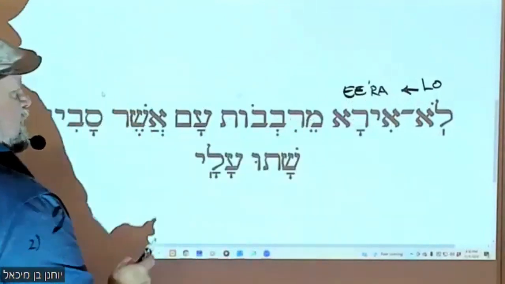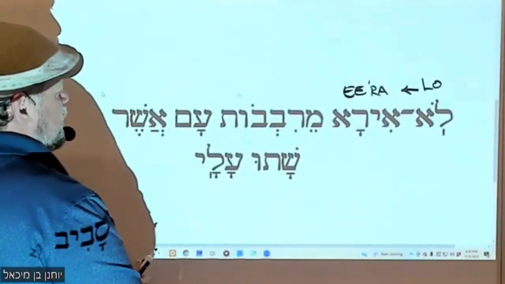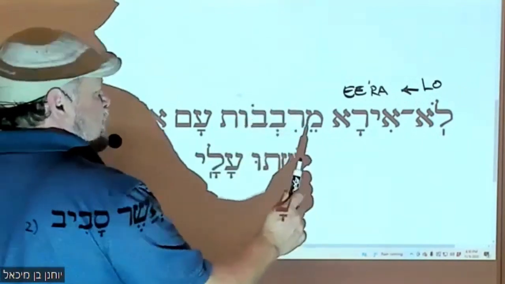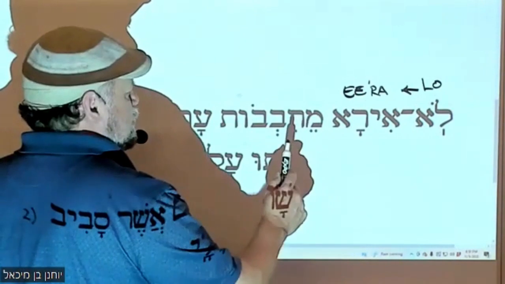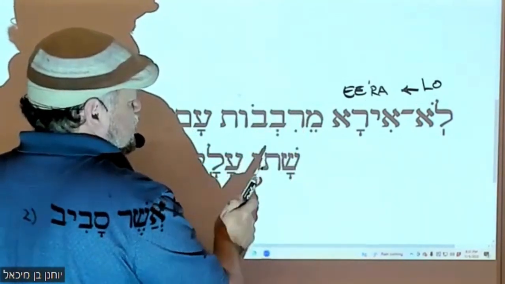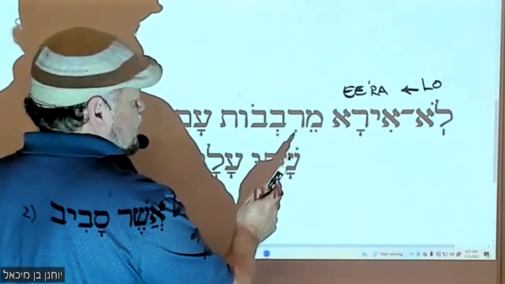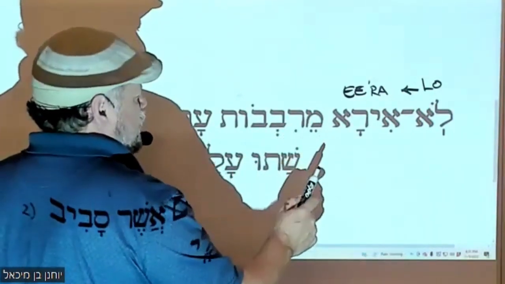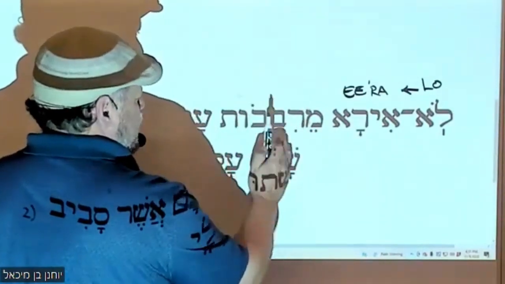What's our next word here? All right, so we have a mem, pointed sere, me. Then we have a resh, pointed kirik, with veit behind it. So what kind of shva is this? Silent, right? Because this kirik is short duration. So we have meriv, close the syllable, meriv.